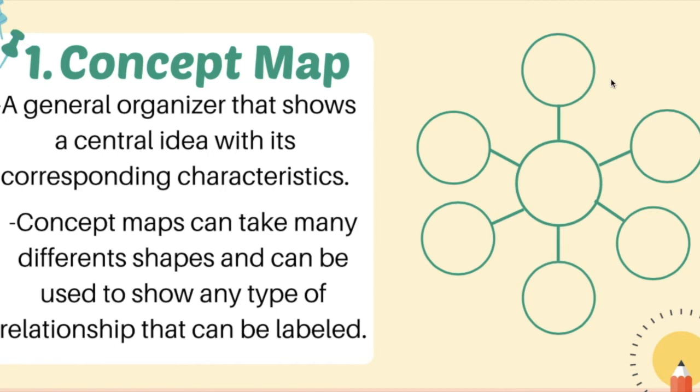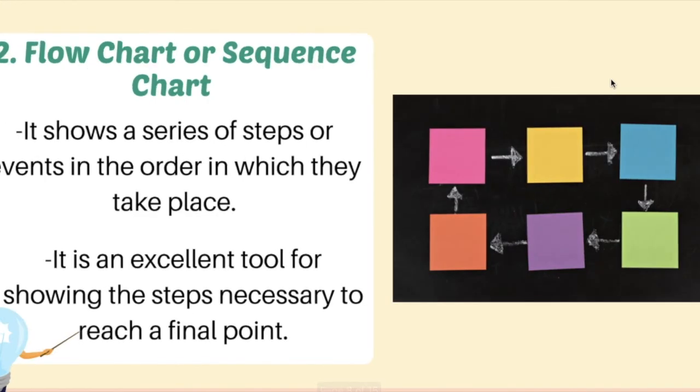So we have here number 2, the flow chart or sequence chart. It shows a series of steps or events in the order in which they take place.